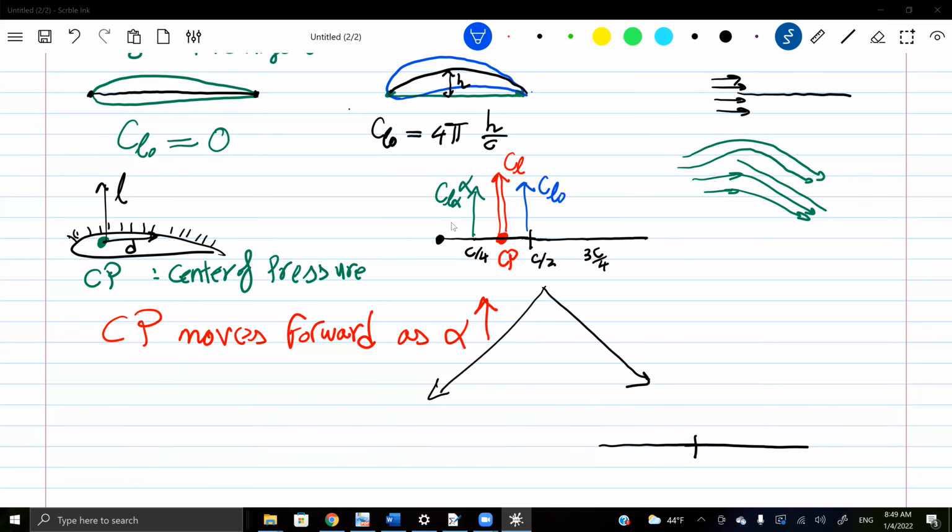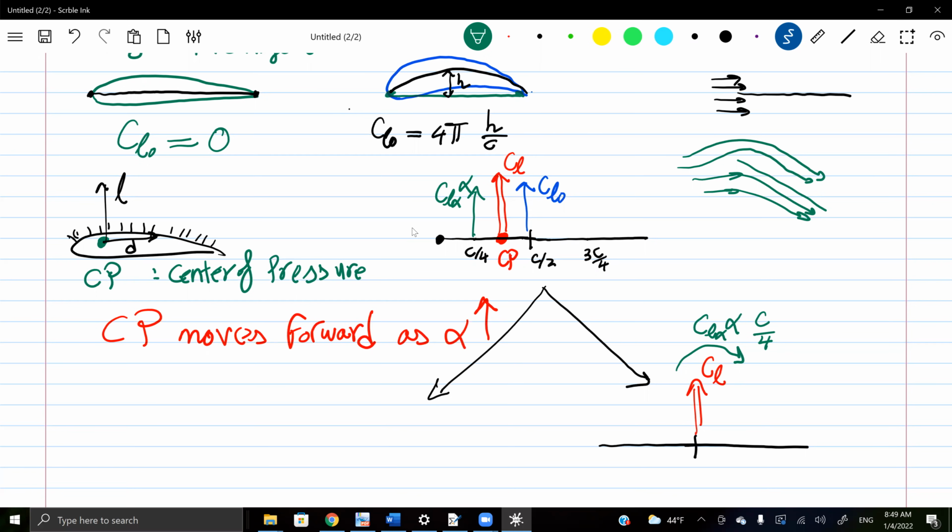When I transfer the CL alpha alpha to that point, it will add to the CL naught. So I will have my resultant here at the half chord. This is the CL, but I will have a pitching moment due to the green thing. The moment will be like this, and the amount is just the force times the distance. The distance is a quarter chord, right?